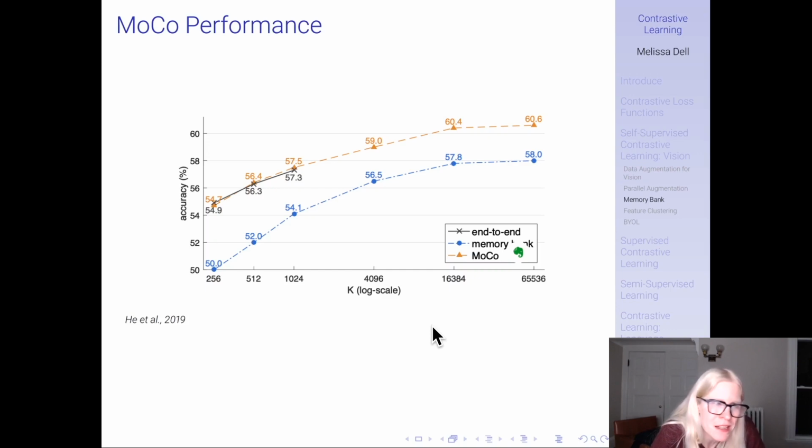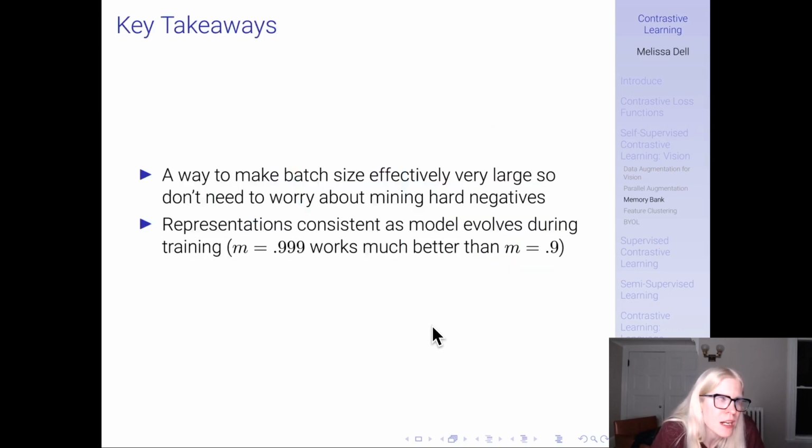So it's not like they're running this on a puny computer, but they already run out of memory for the SimCLR style approach with batch size of 1024, whereas they can effectively access these much larger batch sizes by doing this dynamic dictionary lookup with the momentum encoder. And it's just in general doing better than the memory bank because the memory bank has some embeddings in there that are getting really outdated as the model is being updated during training.